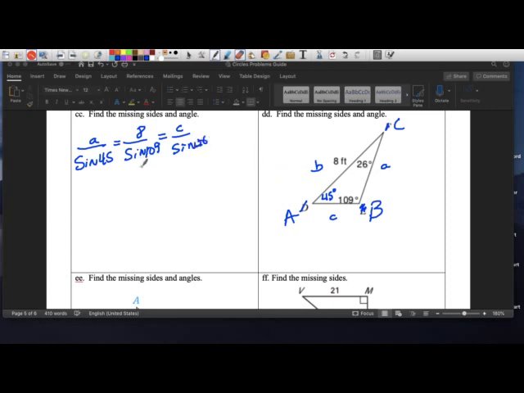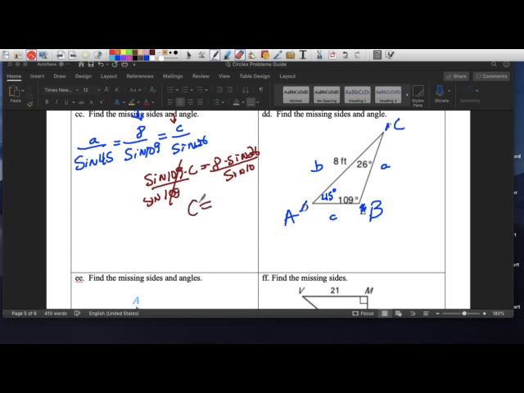So obviously, this is my go-to pair. I'm going to set up a proportion between that one and this one right now. Let's cross multiply. I'm going to get sine of 109 times c, and then 8 times sine of 26. Divide this by sine of 109. So again, you can tell it becomes repetitive. So this goes away.